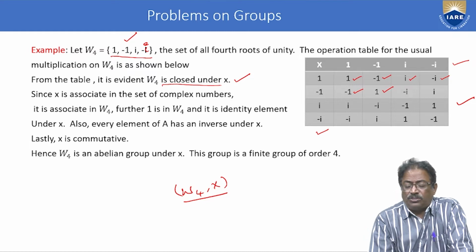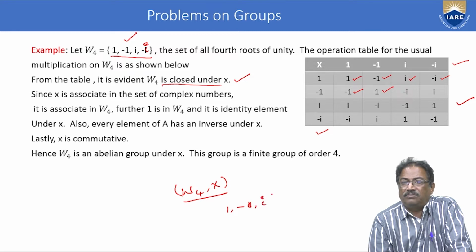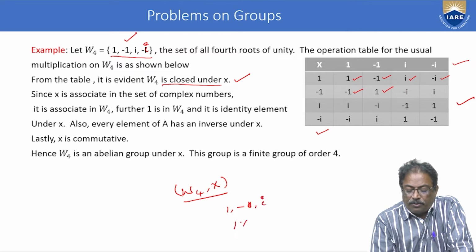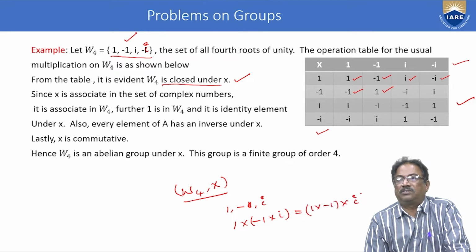Now associativity. While proving associativity, if I consider any 3 elements, let us say 1, minus 1 and i, then I am going to verify whether 1 into (minus 1 into i) is equivalent to (1 into minus 1) into i, that is, whether it satisfies the associative condition or not.